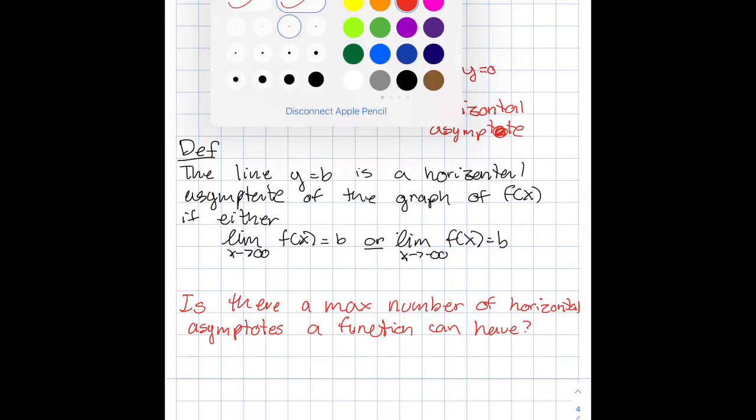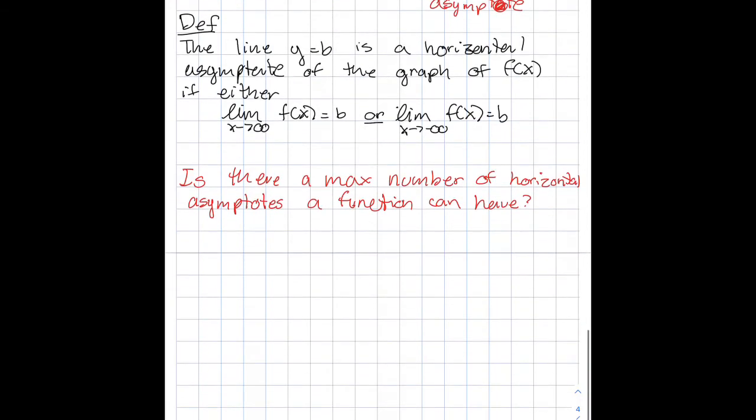Not all functions have an asymptote, so we know that the minimum is 0, but what's the max number of horizontal asymptotes a function can have? I'll let you guys sit on that one for a while. Let's do another example.